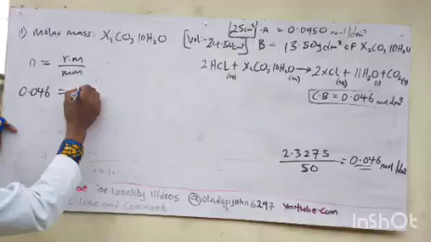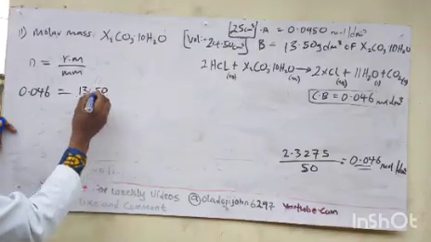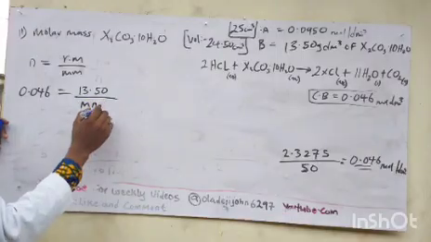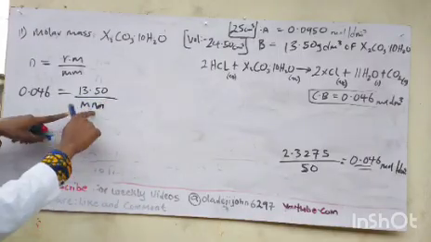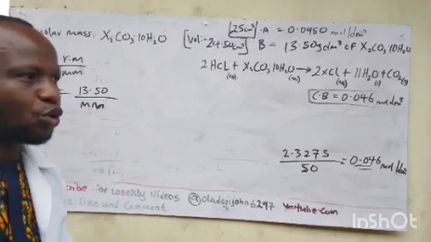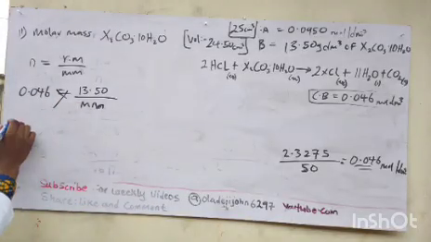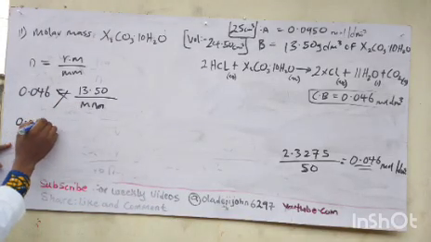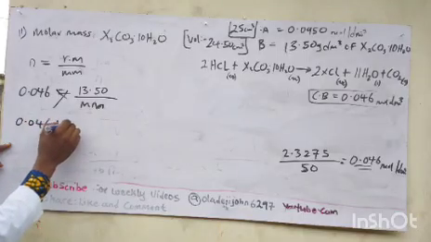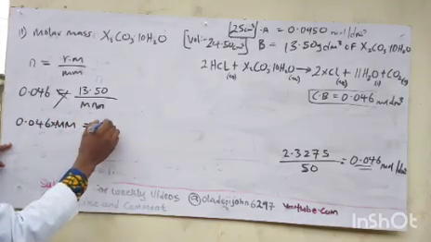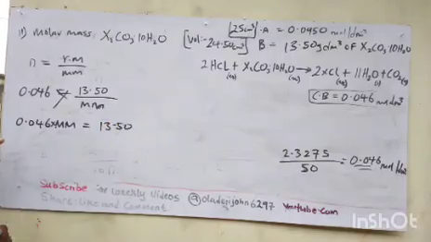So we have 13.50 gram per mole over molar mass. Now molar mass is what we are looking for, so we make molar mass the subject of the formula. From here we have 0.046 times molar mass equals 13.50.